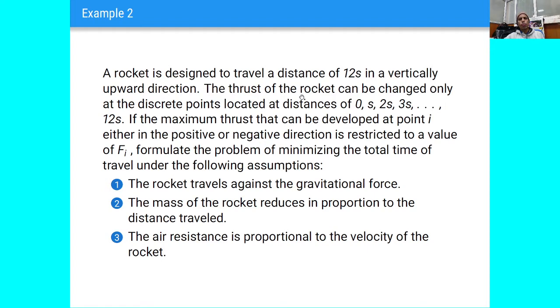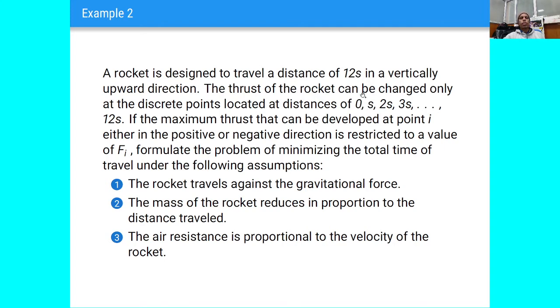The thrust of the rocket can be changed only at the distance points located at, sorry, it is not 12 seconds, it is distance 12s. Okay, there is some constant s, and it has been divided in 12 discrete stages.